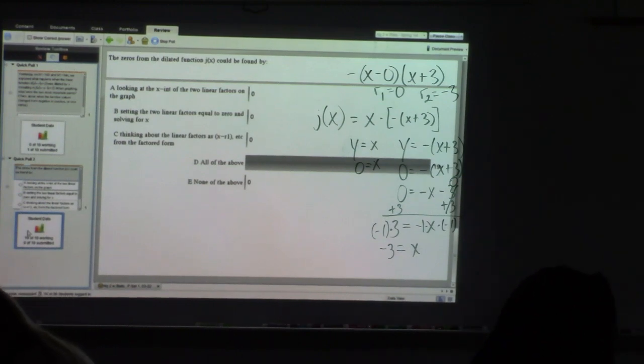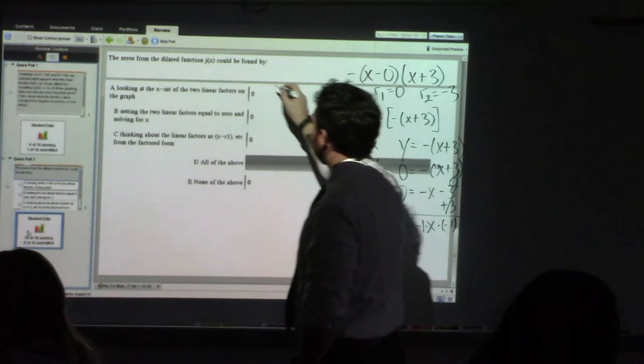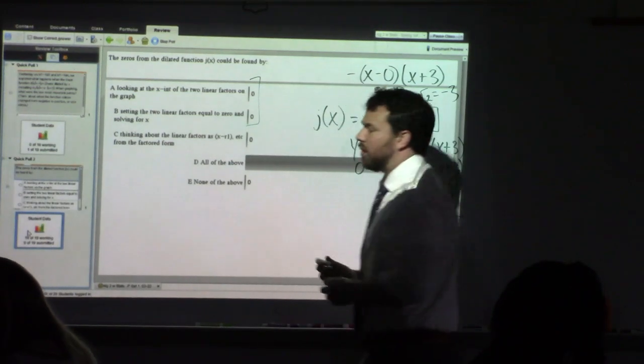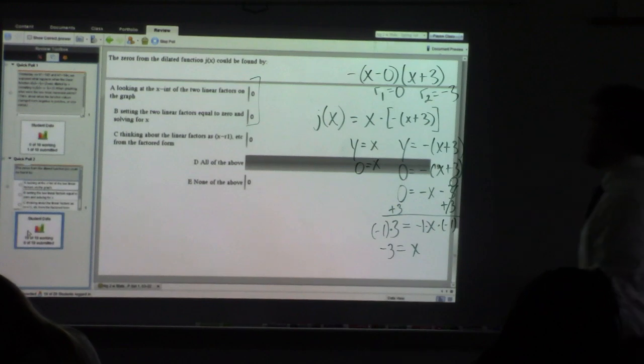These 3 different ways can help you find the zeros, which are the important things. The top 2 are the ones I would use most frequently.